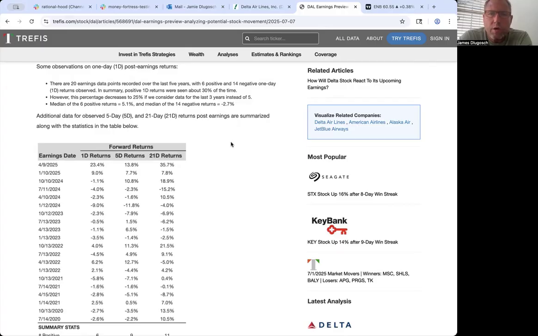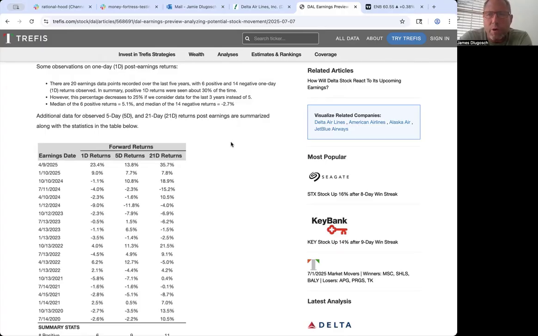So six quarterly reports resulted in a one-day move that was positive. 14 of those 20 in the last 5 years were one-day moves to the negative. Now, I don't put a lot of stock in that specific statistic because the past really doesn't represent anything more than a coin flip. But it is insightful just to see the bias from a negative to positive standpoint.